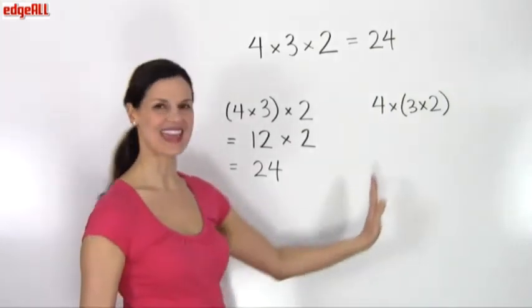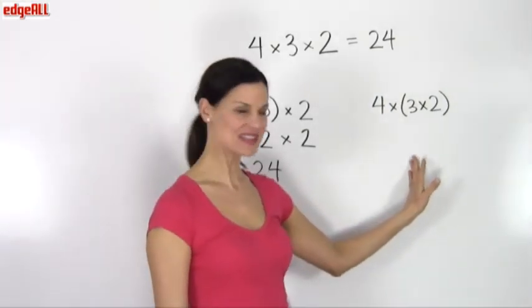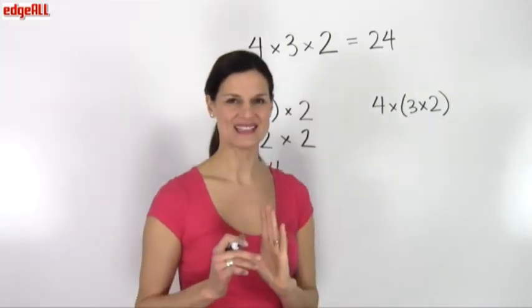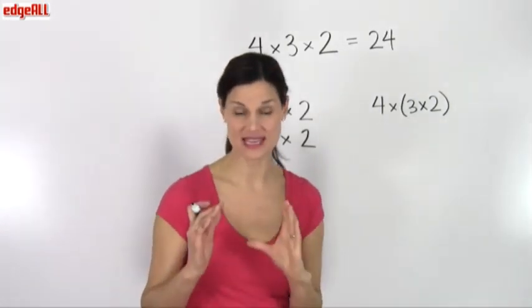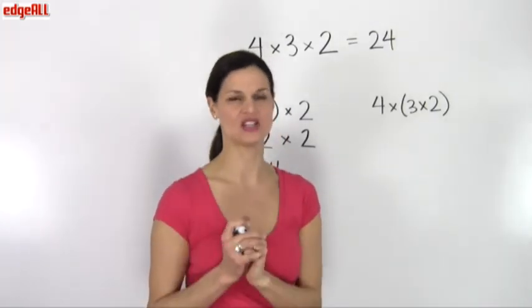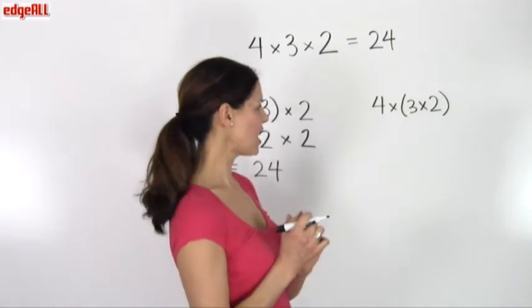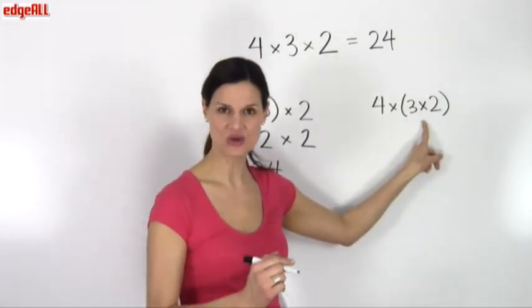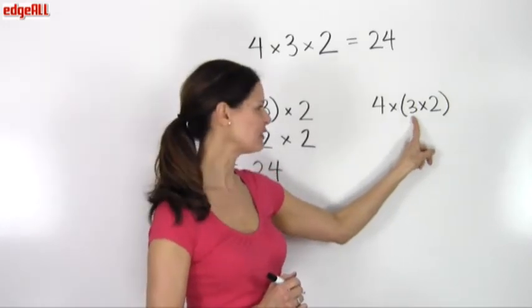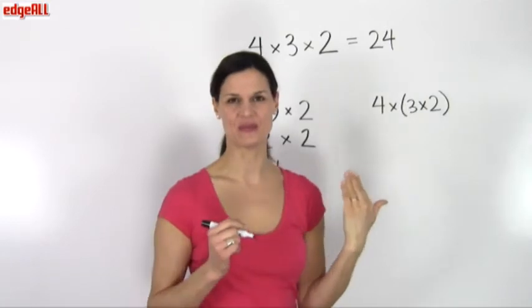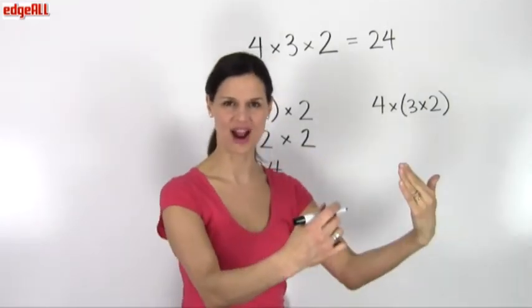But now let's look at this version. Same exact numbers, 4 times 3 times 2, but when I see those parentheses in math, it tells me to perform this operation first. So I need to multiply 3 times 2 first, and then continue with my problem of 4 times my product.